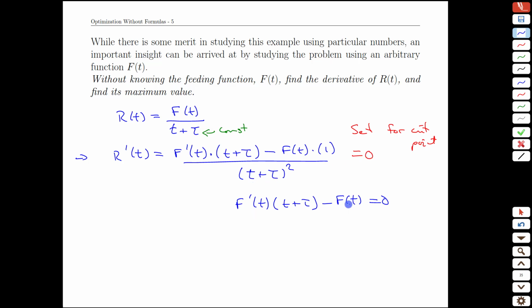We're then left with this expression. We can bring the f of t to the other side, and we have f prime of t, t plus tau. And we can actually bring this down to the other side as well. So f of t over t plus tau equals f prime of t. Wait a minute, that looks familiar. Looking up, hey, that was our average rate.